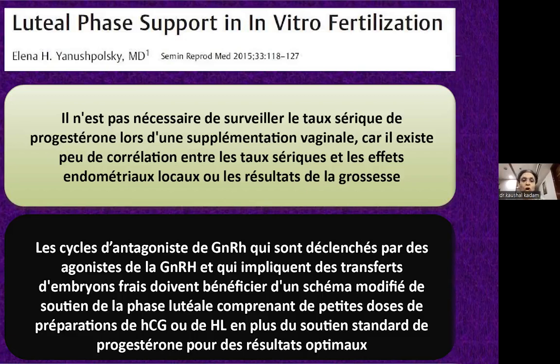In the Humiden protocol, you just give 1500 IU of HCG and then continue with the remaining progesterone, and that should be enough to support the pregnancy.